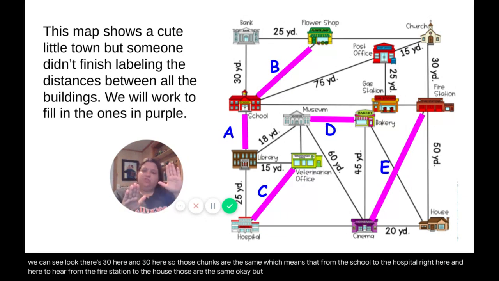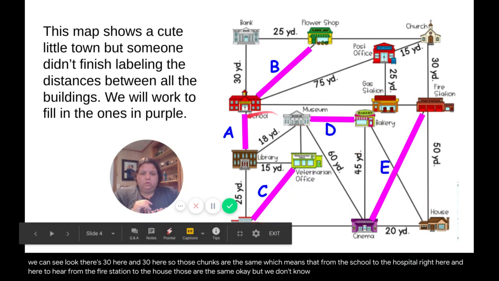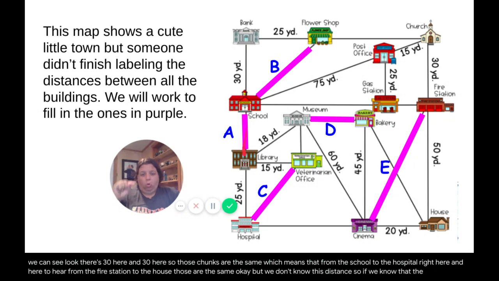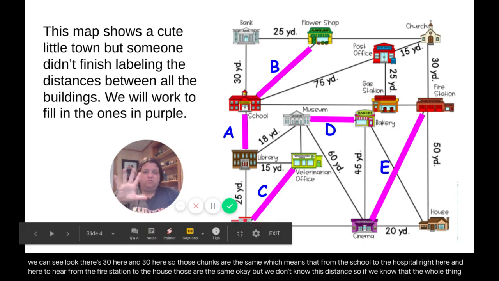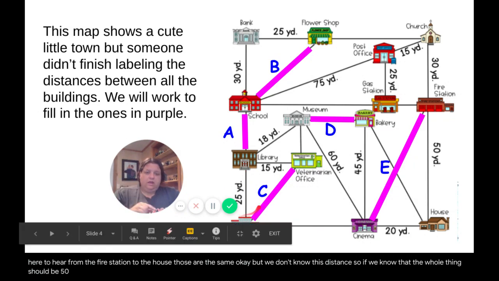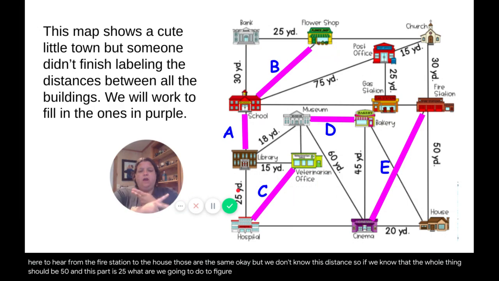Okay? But we don't know this distance. So if we know that the whole thing should be 50 and this part is 25, what are we going to do to figure out the distance from the school to the library?